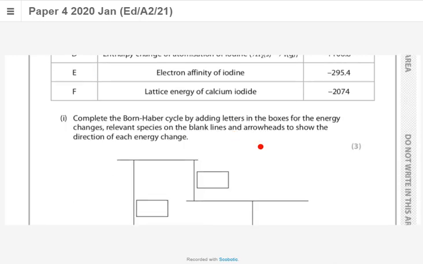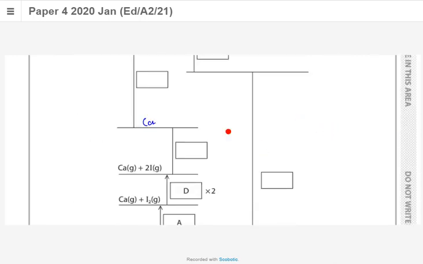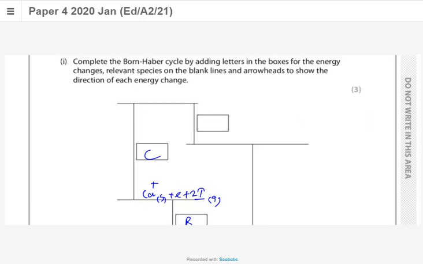The first one is B, the second is C. So this is the first ionization of calcium, and this is the second ionization of calcium. And then electron affinity, only one electron affinity.